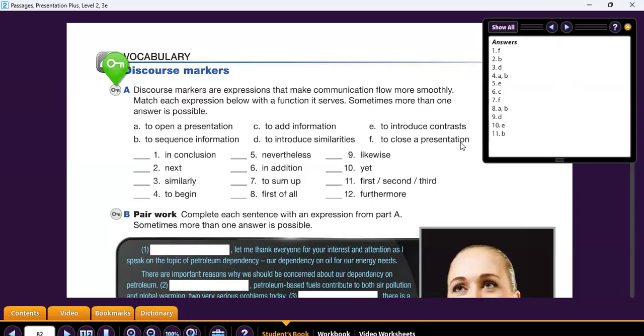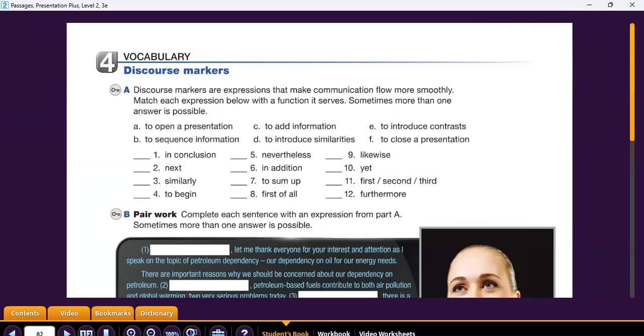And furthermore, to add information. Yes, good, very good.